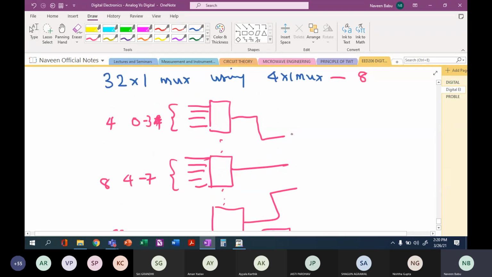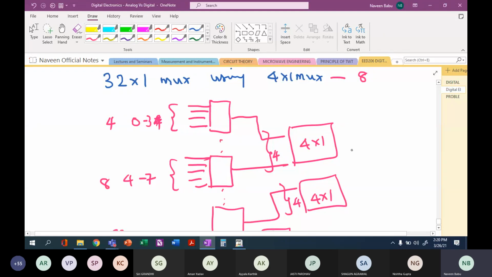So I'm not going to use an 8x1 multiplexer to select this. Instead, what I'm going to do is use a 4x1 multiplexer, which means that for the first 4 outputs that are coming, I will use one 4x1, and for the next 4, I will be using another 4x1. Again, 2 outputs will be coming.